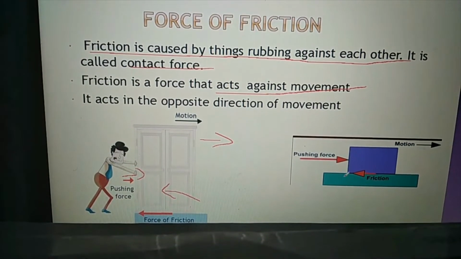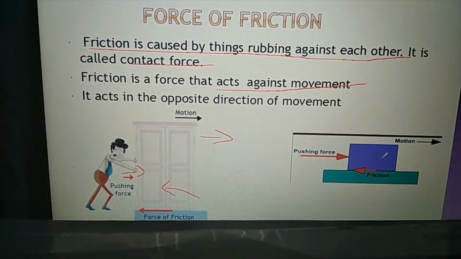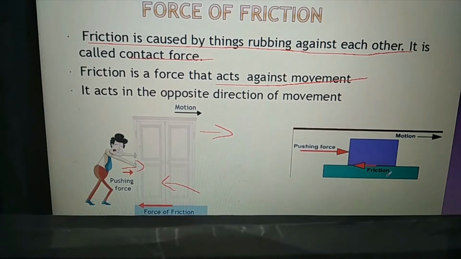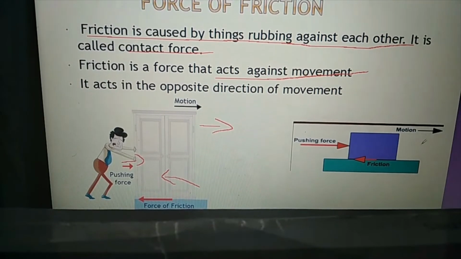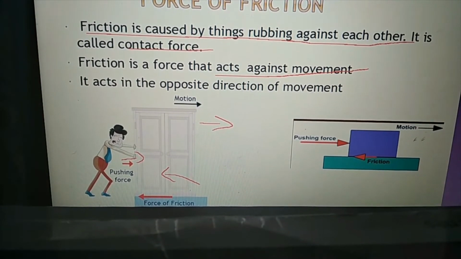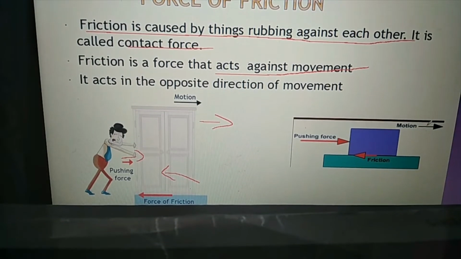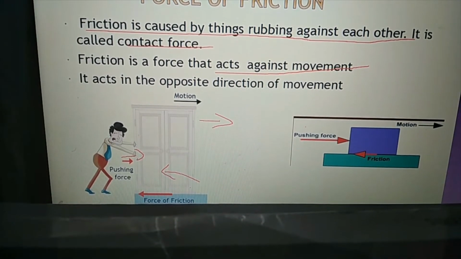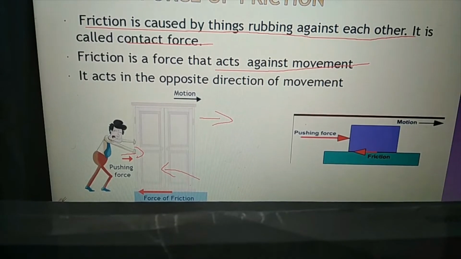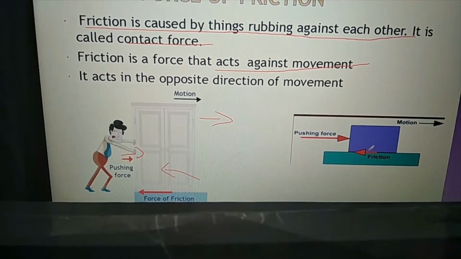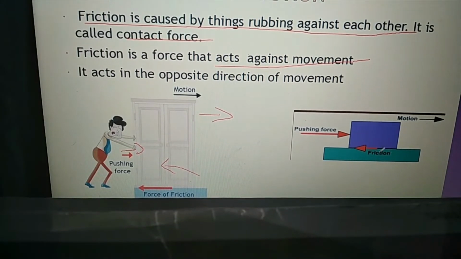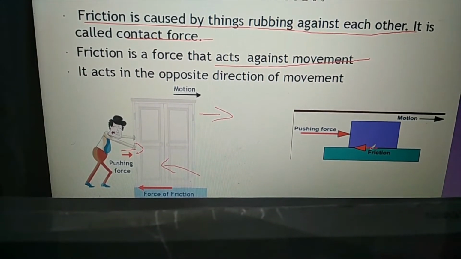Look at this diagram. This is the pushing force. This is the motion. And where is the friction? The friction is acting against the movement, in the opposite direction of the movement or the motion. So friction is a contact force. Friction is caused by rubbing things against each other. You can see this surface against this surface, you have friction.